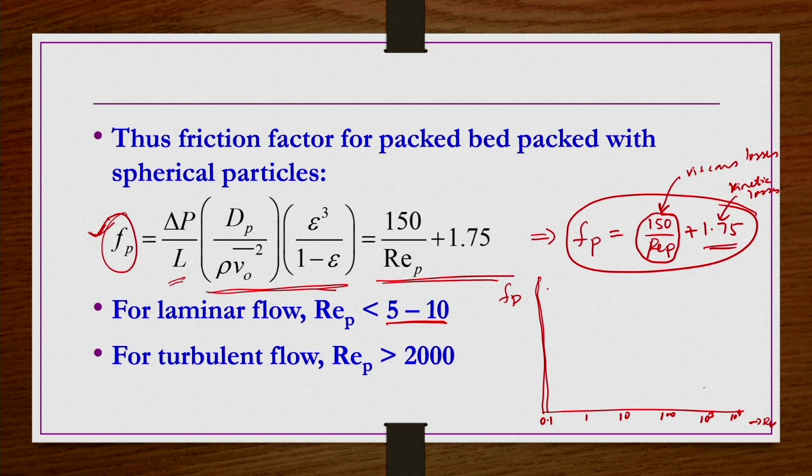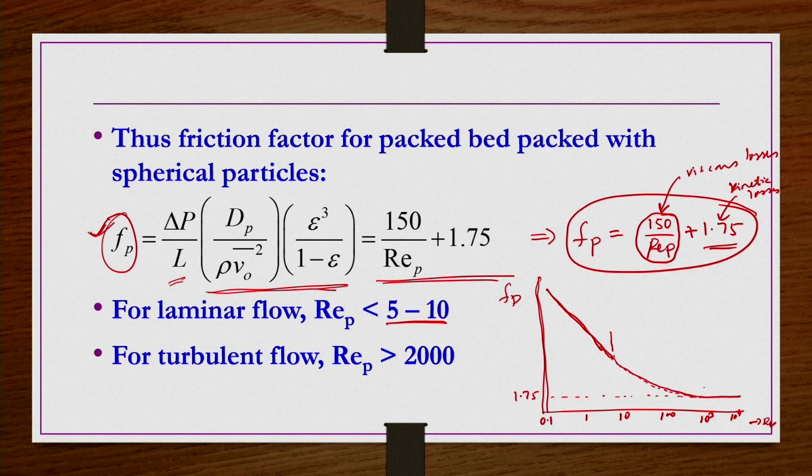For small Reynolds number it is going to be linear up to REP of 10, and then for large Reynolds number values it is going to be constant, corresponding to the value of 1.75, and in between Reynolds numbers it is going to have a curved shape like this.